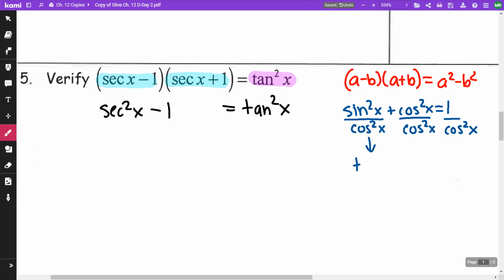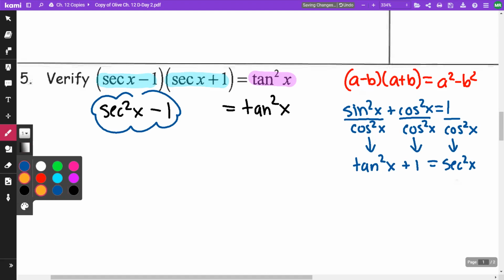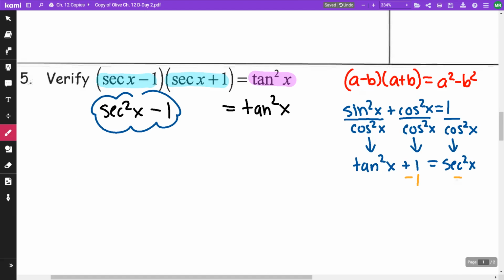This is really going to be tangent squared x. This is going to be a plus 1. And 1 over cosine squared x is going to be secant squared x. So now what I'm trying to get is this. So I'm going to minus 1, minus 1. And when I do, I get tangent squared x is equal to secant squared x minus 1.